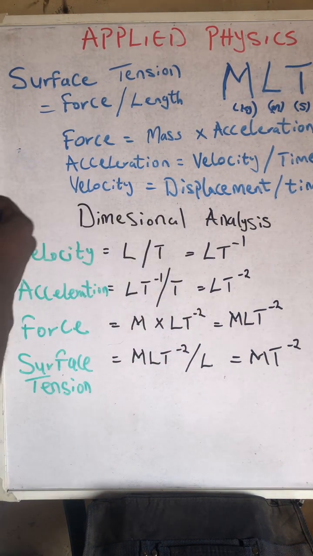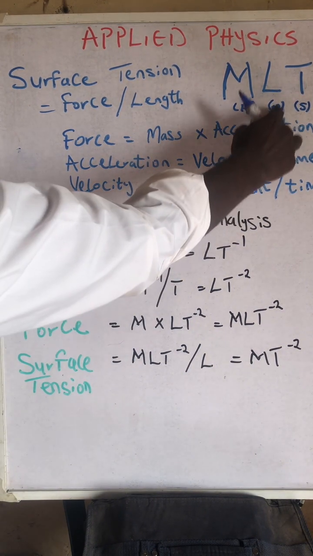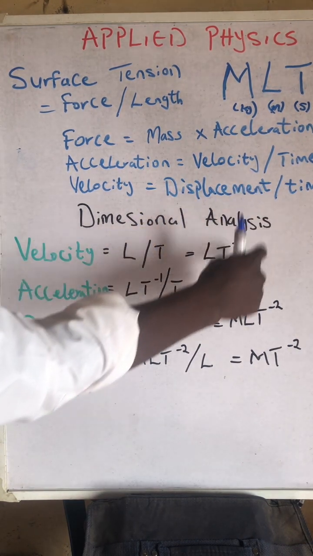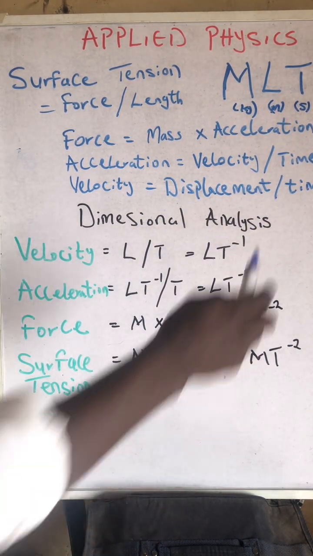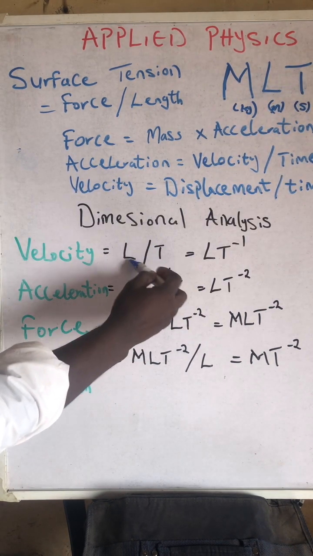The unit for displacement is meter, so it's represented here as L, divided by time. Time is measured in seconds, so it's represented as T. So we have L over T.